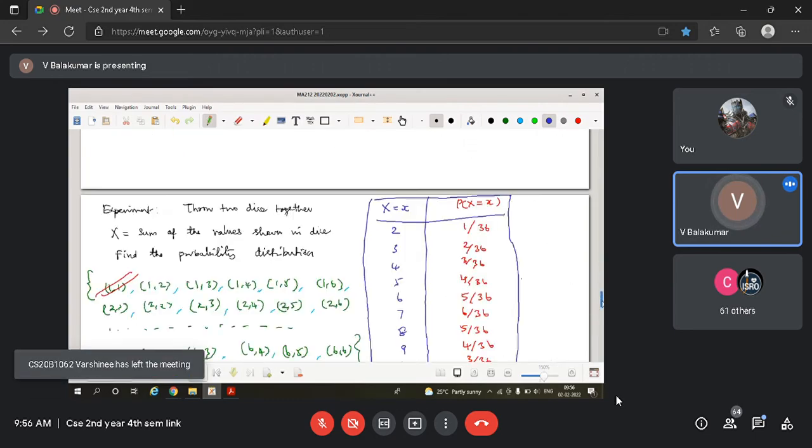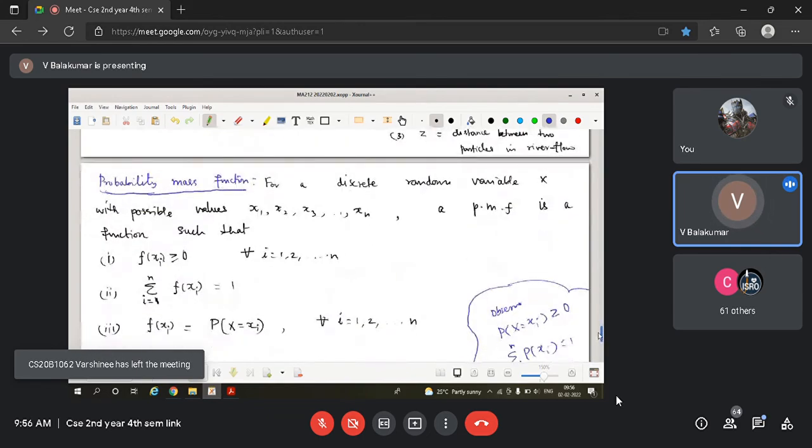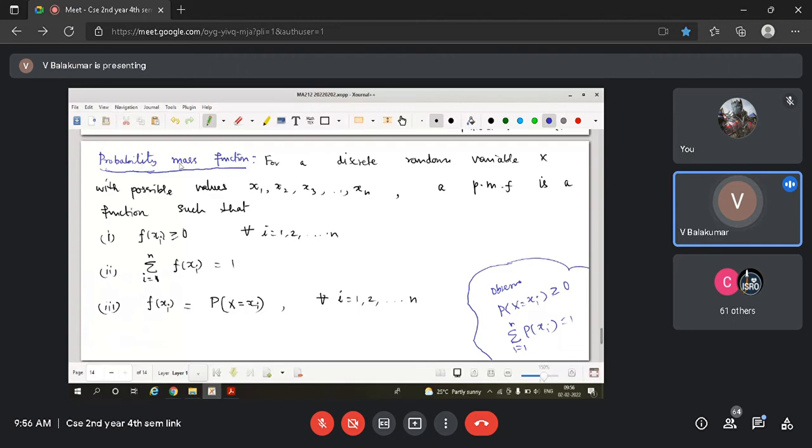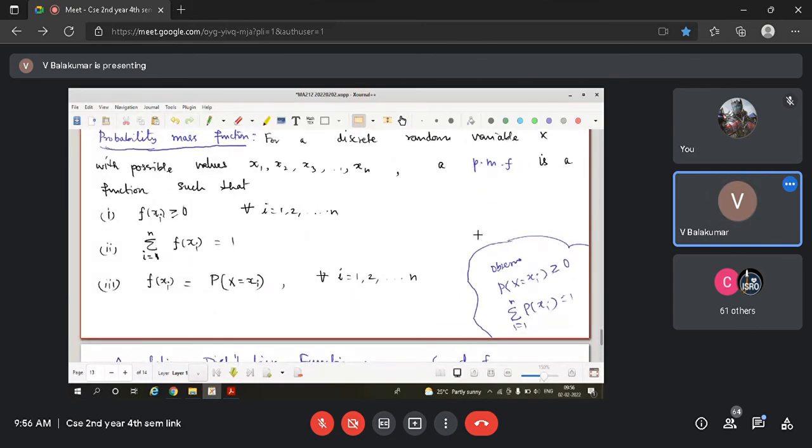This f of x is enough to describe a probability distribution. So the probability mass function is enough. Here I'm discussing only the discrete random variable. This is just to recall, so this is not having any relevance with our present discussion for the definition, of course.